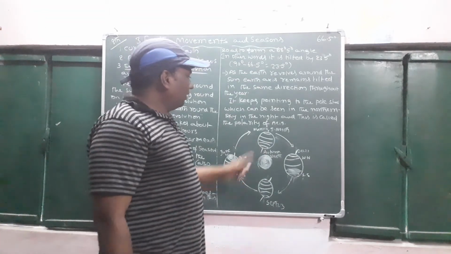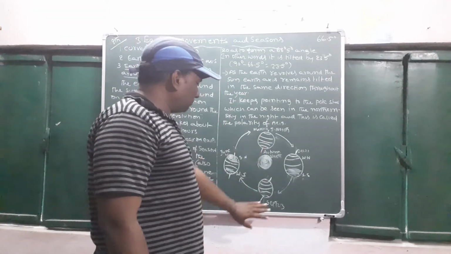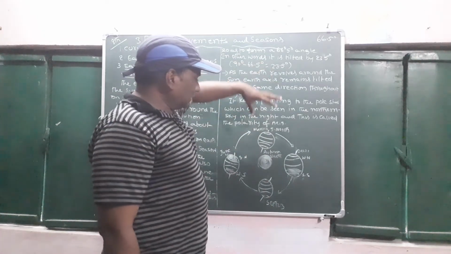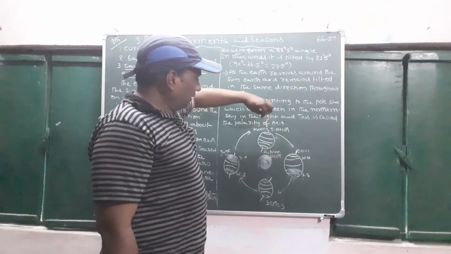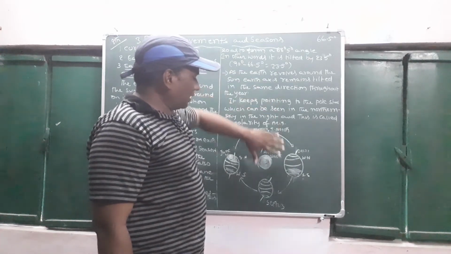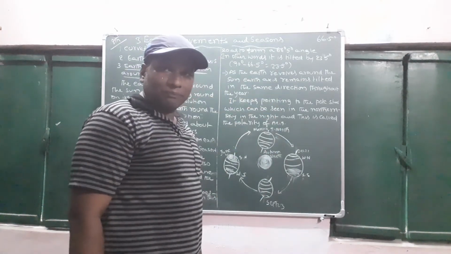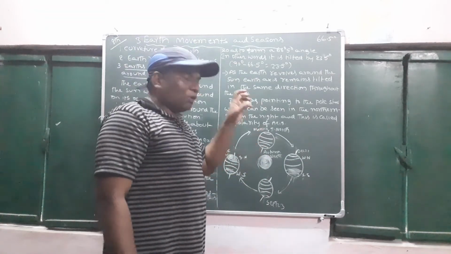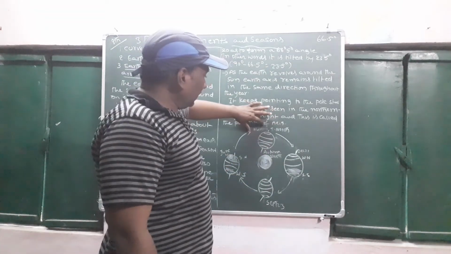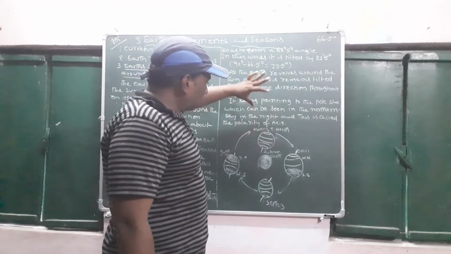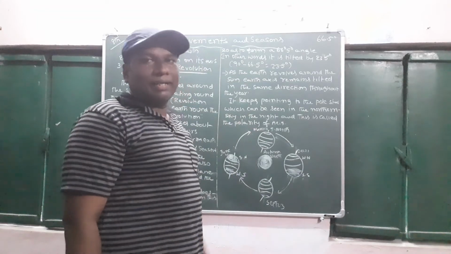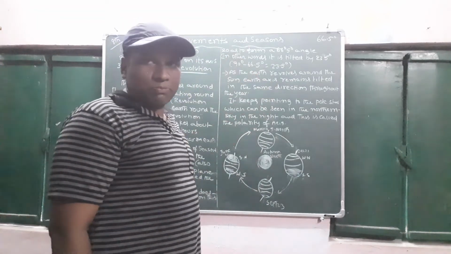On March 21st and September 23rd, sun rays fall similarly, in equal amounts, on the northern hemisphere and southern hemisphere.